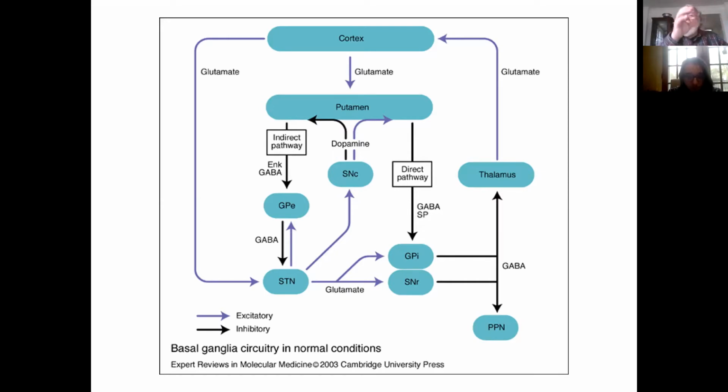The D1, D5, or overall D1 superfamily is going to be excitatory. So when dopamine binds to that receptor, the cell upon which that receptor resides is going to have an EPSP.